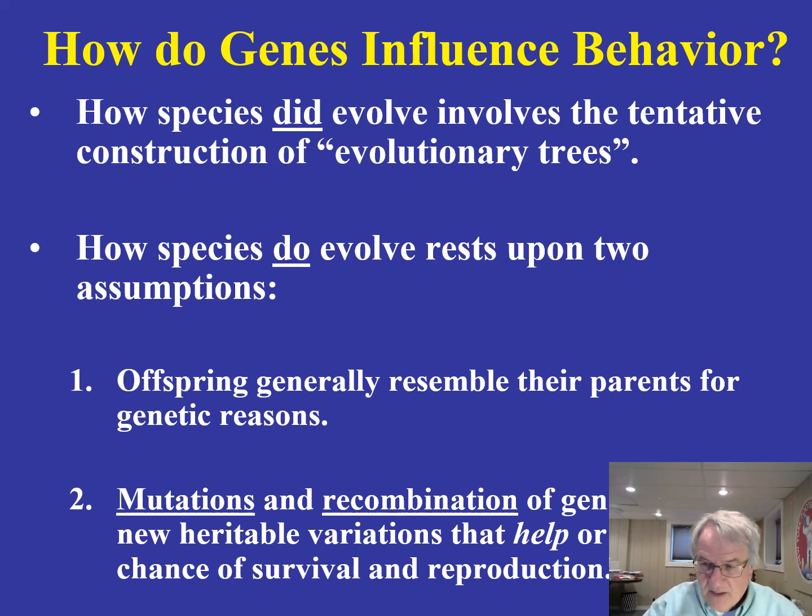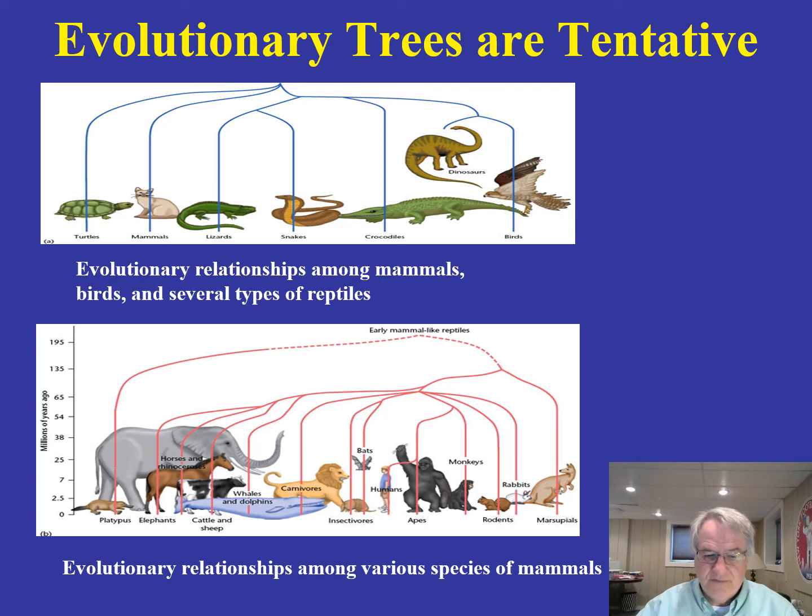So when you take a look at these evolutionary trees, like you see here, these are tentative. Here in the case of relationships among mammals, birds, and reptiles, for example, this is what these relationships look like at present time. Evolutionary relationships, now take a look at this in terms of mammals.